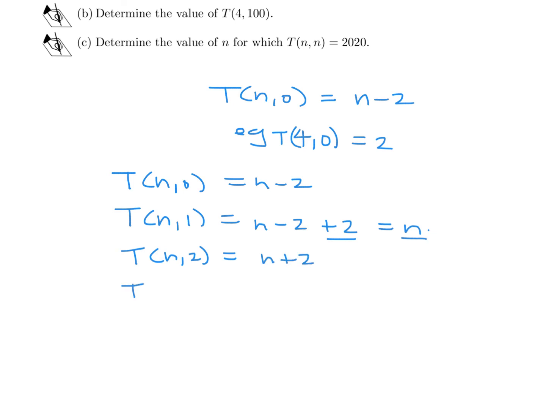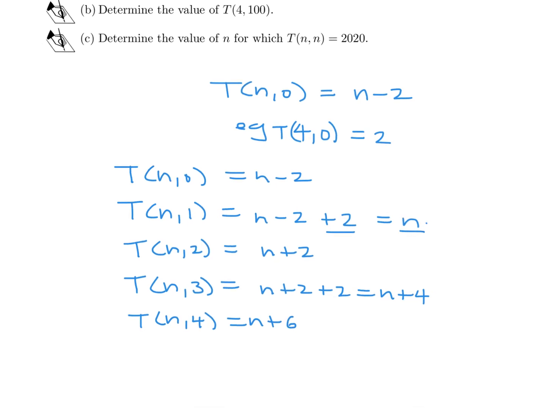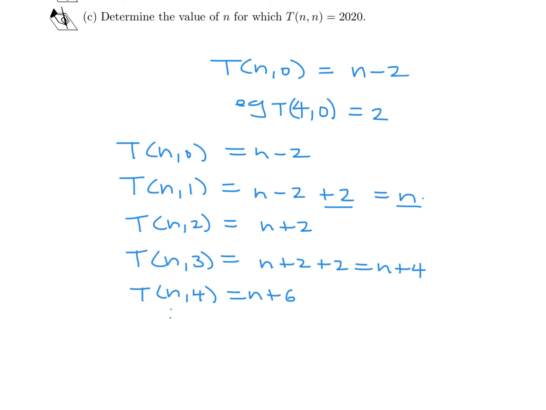And then when you go up to Tn3, it adds another 2, so it becomes n plus 2, which is n plus 4. And you guys get the point now. Tn4 would be n plus 6, and so on. So generally speaking, if we want to create a general formula, T of nk is going to be n plus 2k minus 1. All right, that's the general formula.